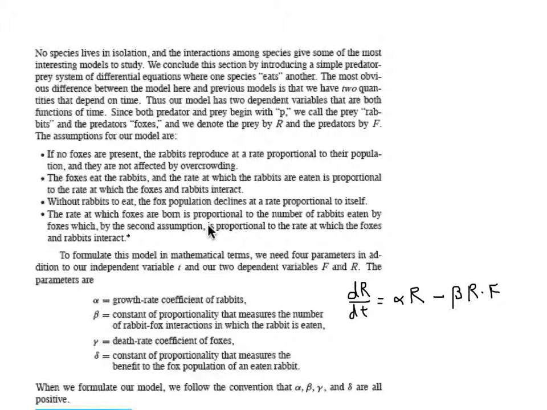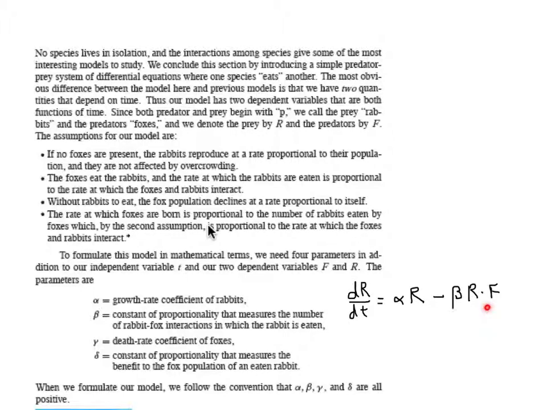And this term certainly takes a little getting used to, but what it's saying is the rabbit population will grow at a rate proportional to the size of the rabbit population, but it'll decrease at some rate proportional to the number of rabbit and fox interactions. We use multiplication to represent the interactions, so if r is positive and f is positive, we multiply them together, we get some positive number, and we use beta to describe the success of the interaction.